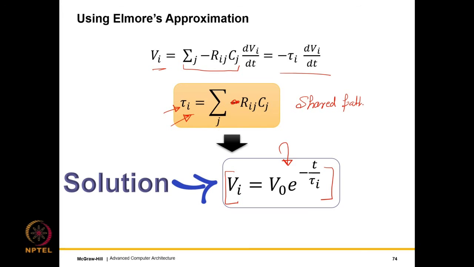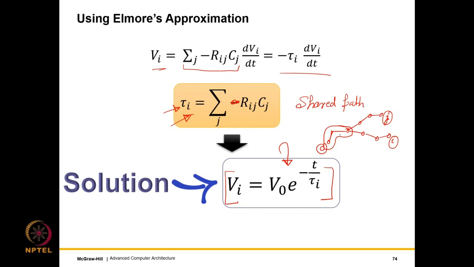The shared path in the tree, just to recall: let's say this is the tree, and let's assume that every edge has a resistance and a capacitance to ground, and this is the ground node. Let's say this is node j and this is node i. So Rij will basically be the sum of resistances of the shared path, which is this.